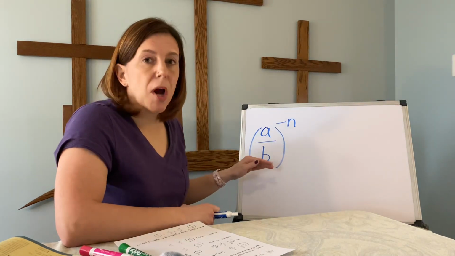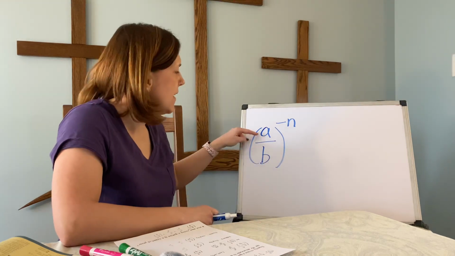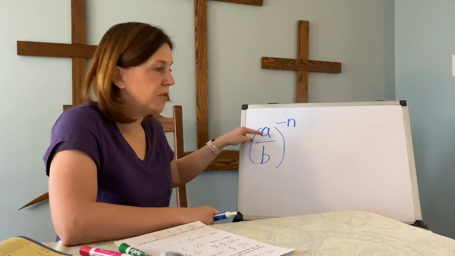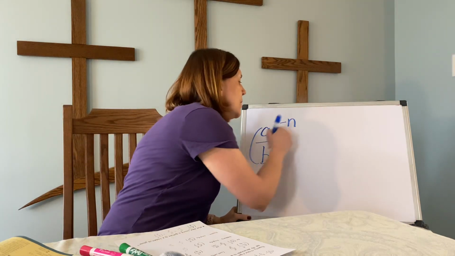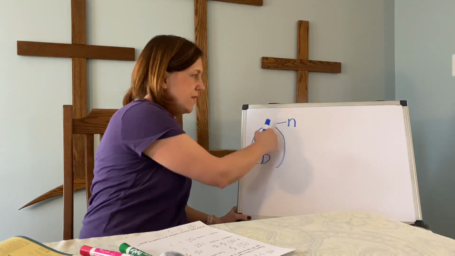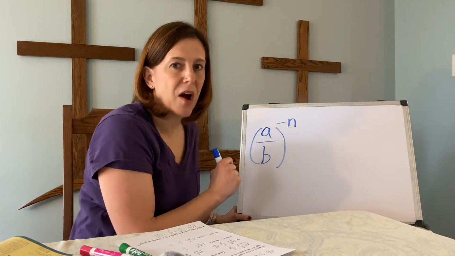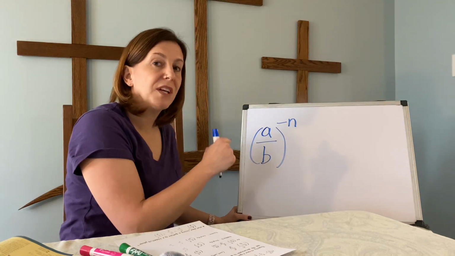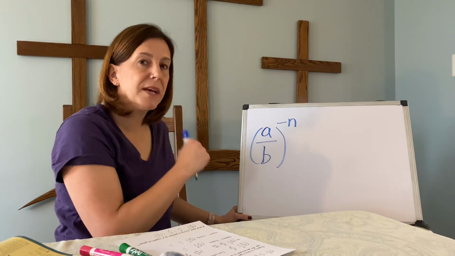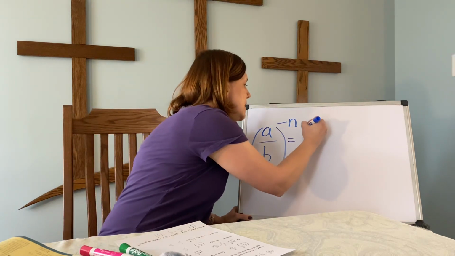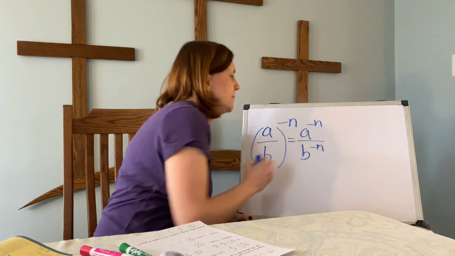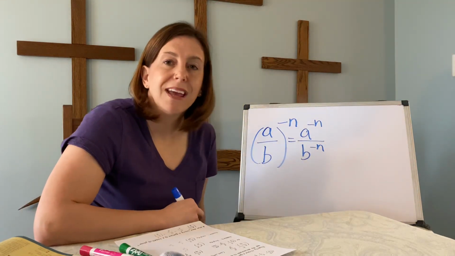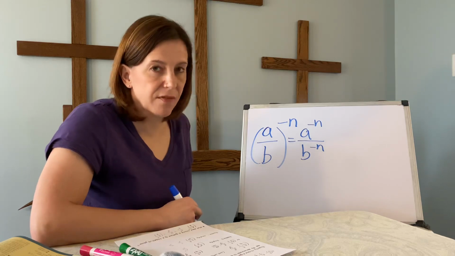Based on the property we just studied, if I have a quotient or a fraction being raised to a power, that means both of these are being raised to that power of negative n. I'm going to go ahead and raise my numerator to that power and my denominator to that power. And we see that both my numerator and my denominator now have a negative exponent.